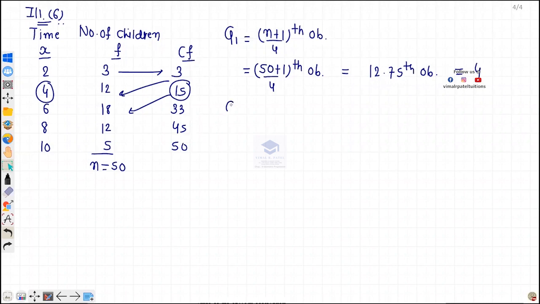Then Q3: 3 into n plus 1 divided by 4th observation, 3 into 50 plus 1 divided by 4, which is 38.25.